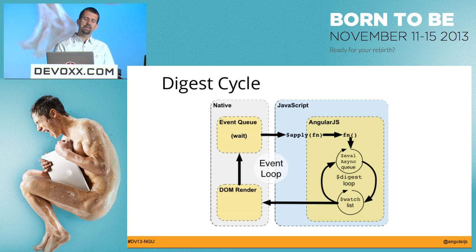So the way to think about it is, the way browsers work is you have native code, which is your C code, and you have your JavaScript, which is your VM, right? And the native code keeps track of something called an event queue, which is all the jobs that have to be done by the VM at some point.